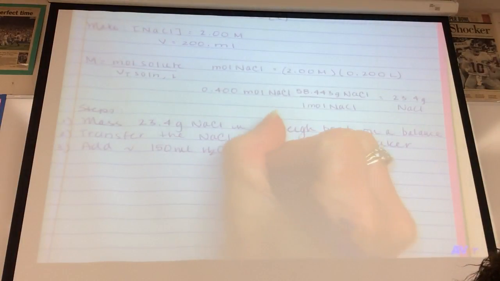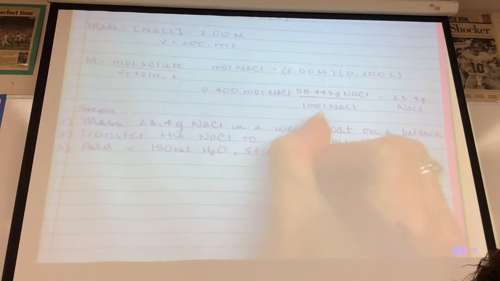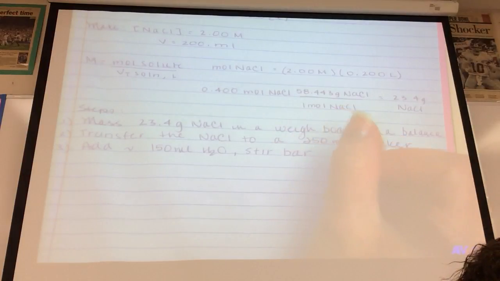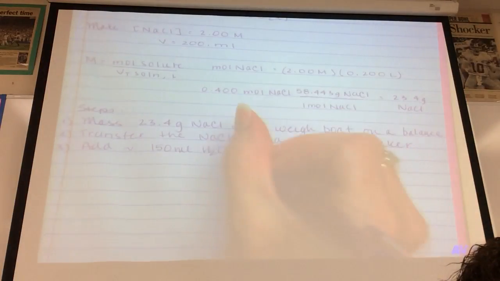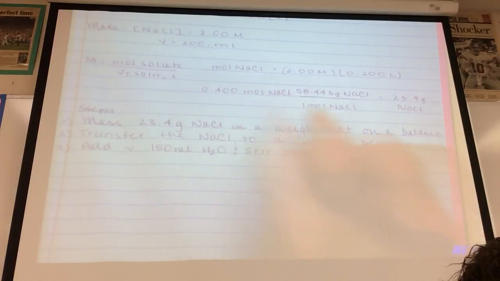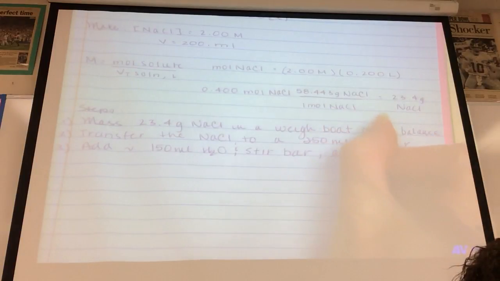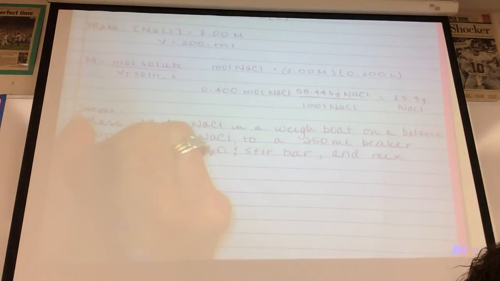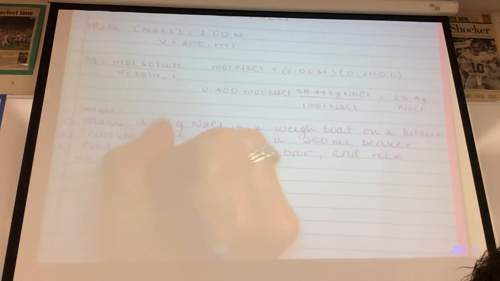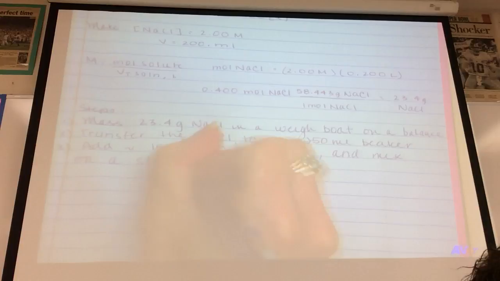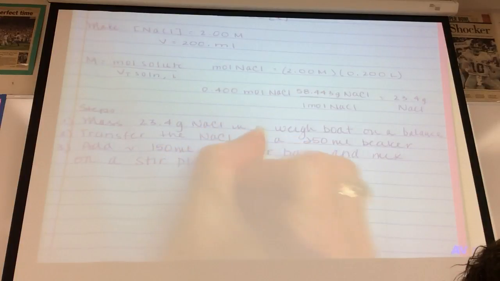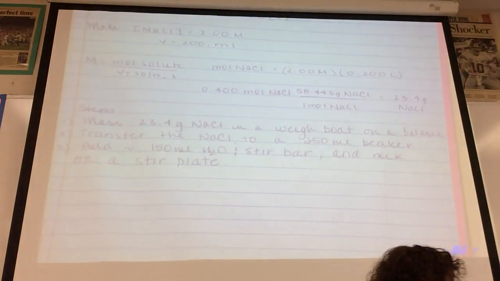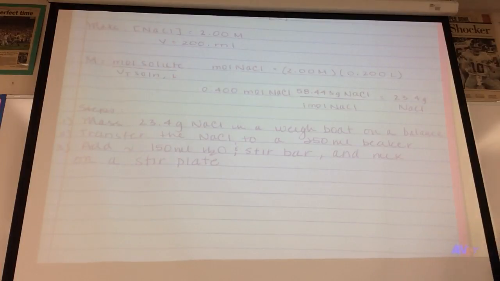You'll also add a stir bar, and I'll show you what that looks like. And mix on a stir plate, and I'll show you how to do that. For some reason, kids think this is just the coolest thing they have ever seen.